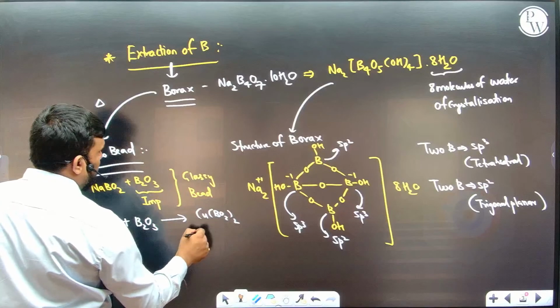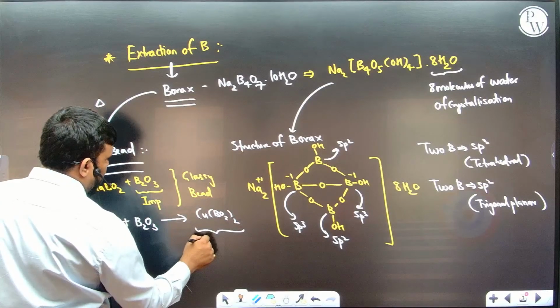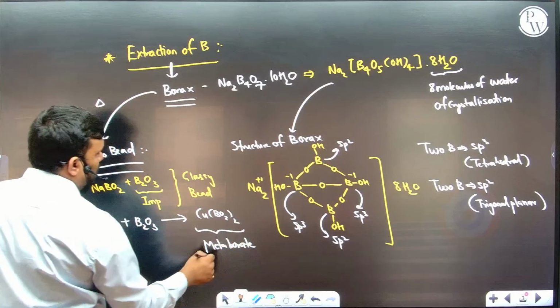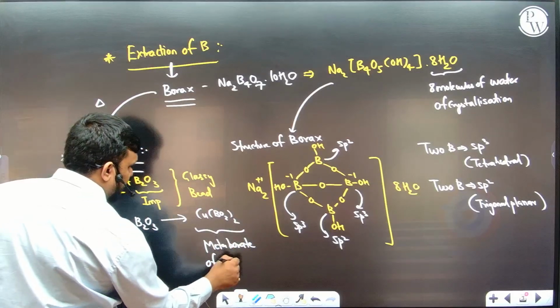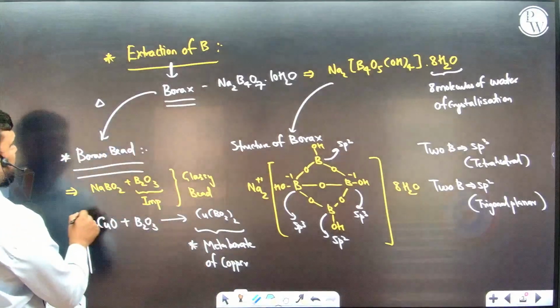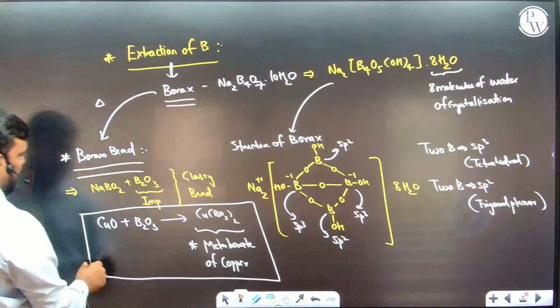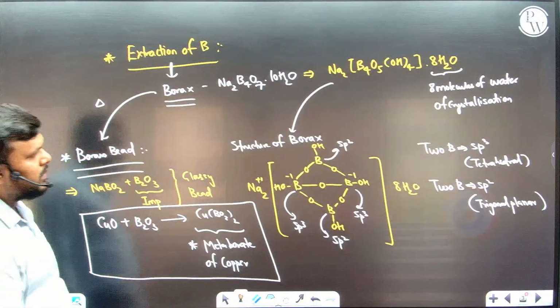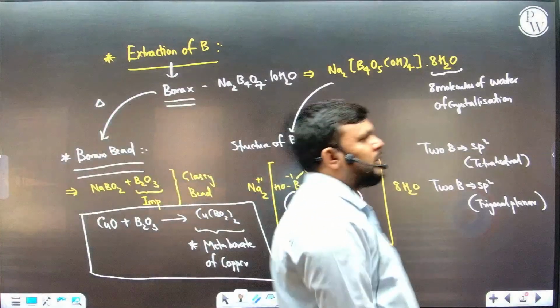This will be the metaborate of copper. So this is the reaction which takes place. They are asking what will be formed. Metaborate of copper will be formed. So this was all about the borax bead test.